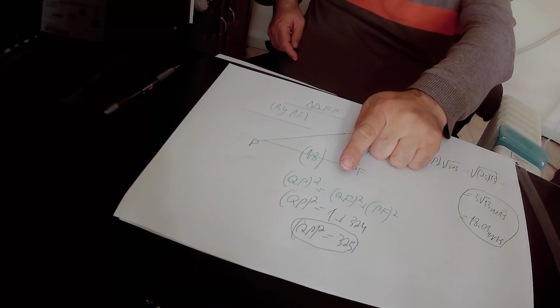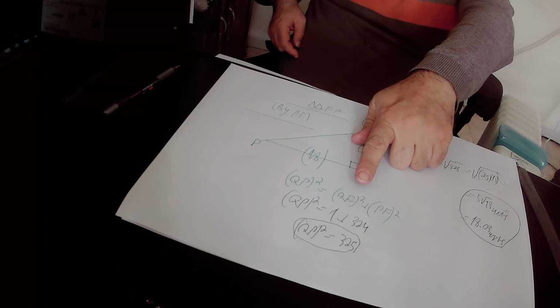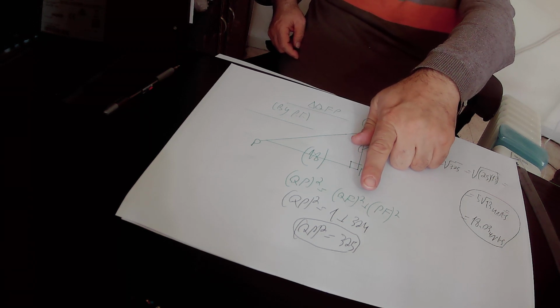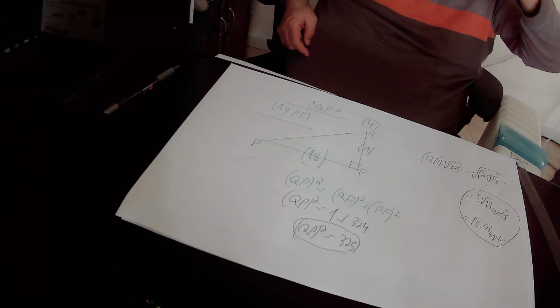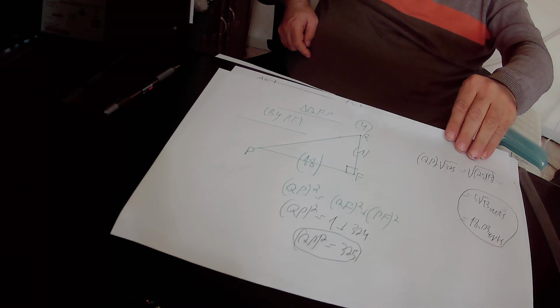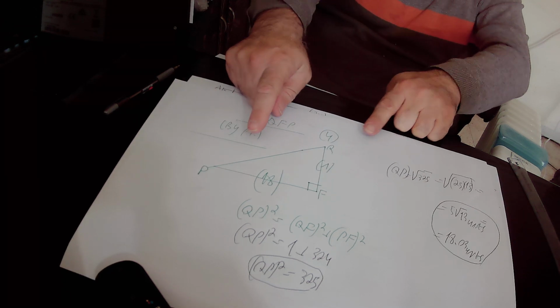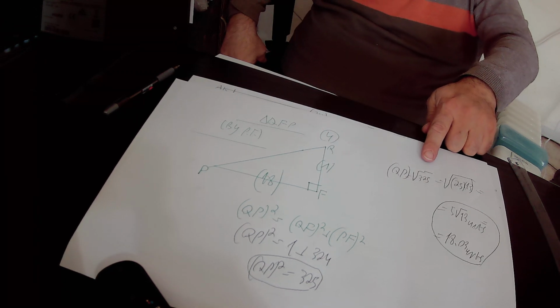So QP squared equals 324 plus 1, that is 325. So QP squared equals 325. We took the root of this equation and finally found that QP, the line segment we are looking for, equals the square root of 325.